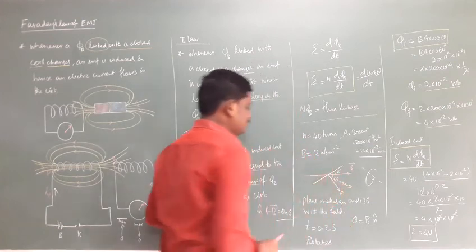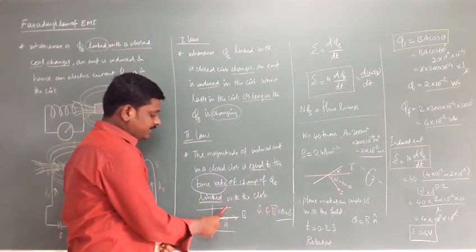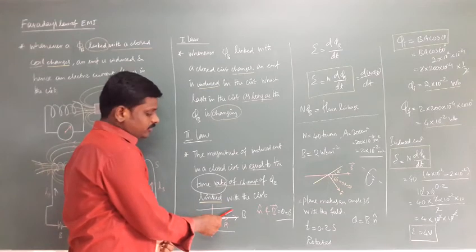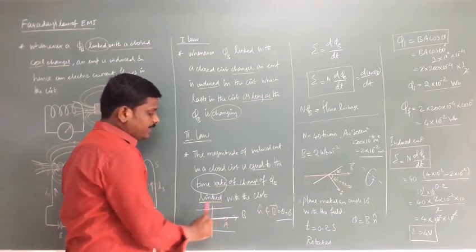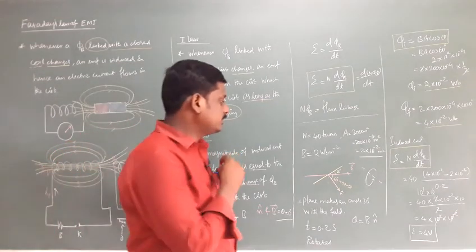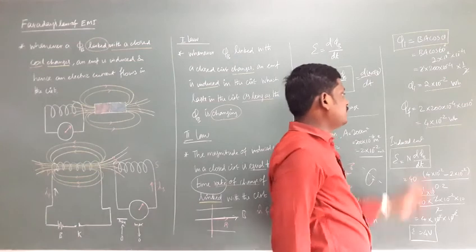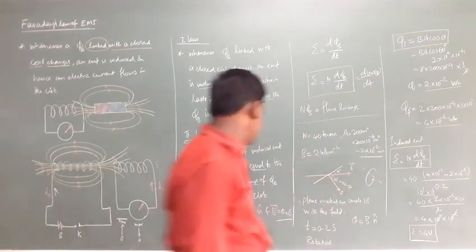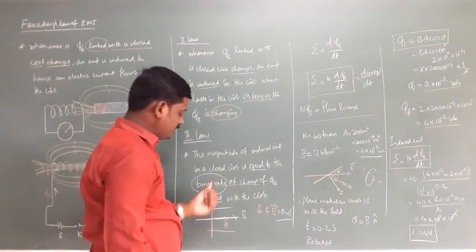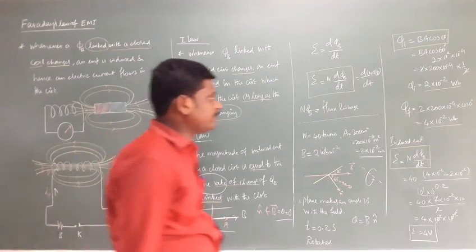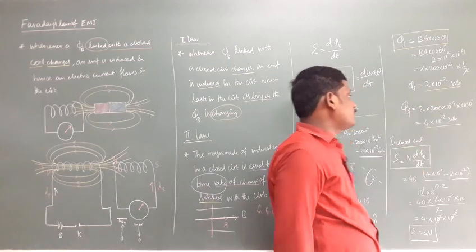That means theta equals 0. The angle between n cap and the magnetic field is 0, since the plane is perpendicular to the magnetic field. So cos 0 is 1, and 2 into 2 gives 4 into 10 power minus 2 Weber.